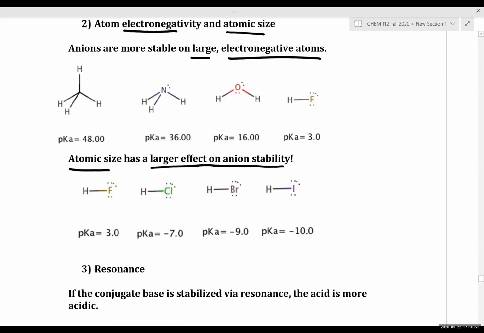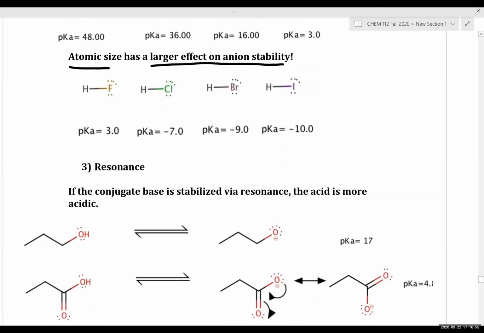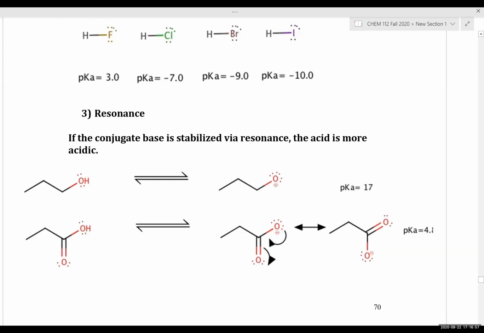Okay, let's keep going now. So in terms of resonance, resonance has the next most dramatic effect on pKa values. If the conjugate base is stabilized via resonance, the acid in turn would be more acidic.